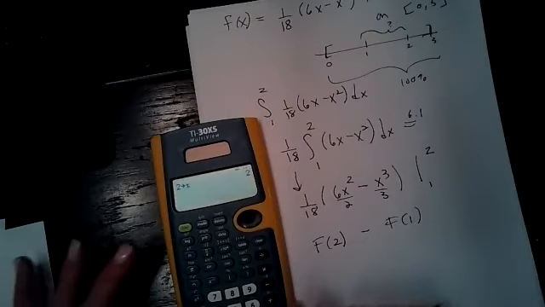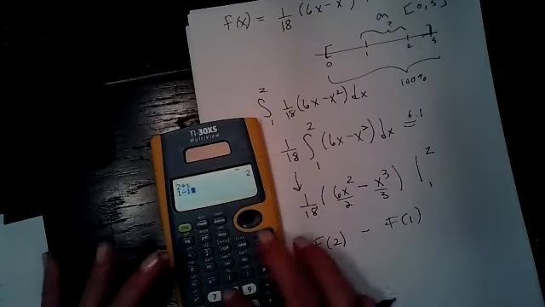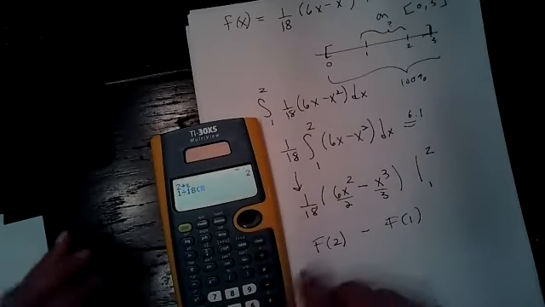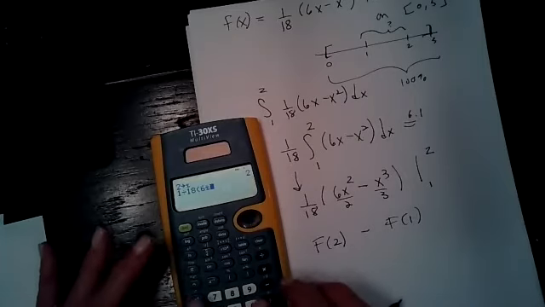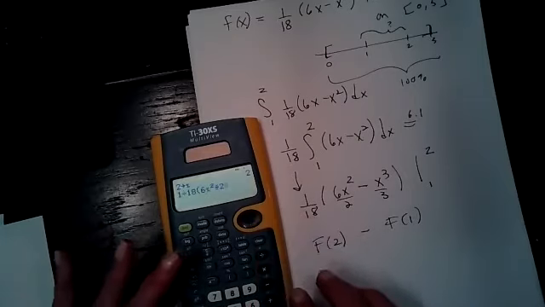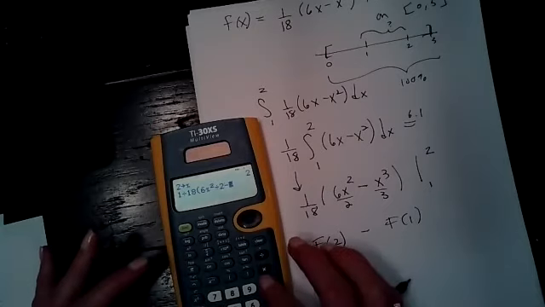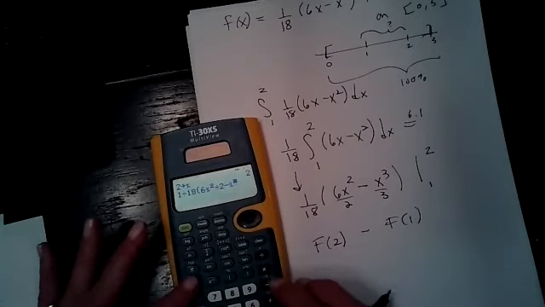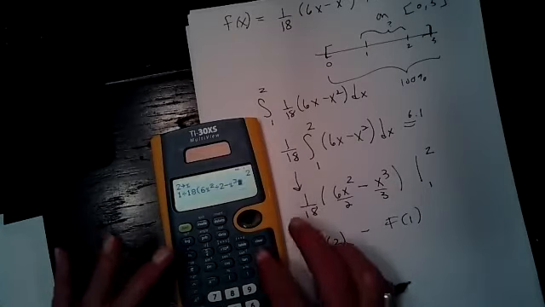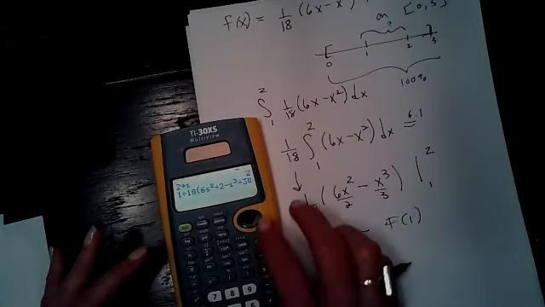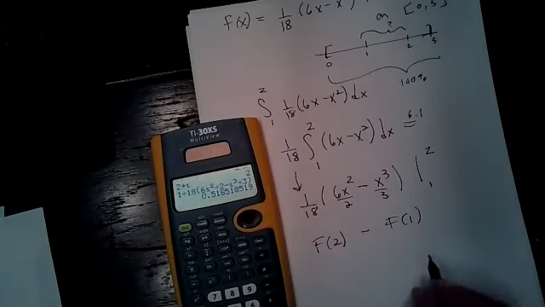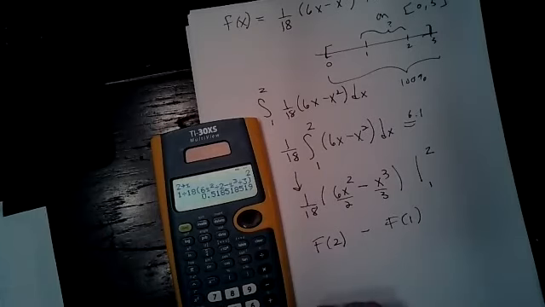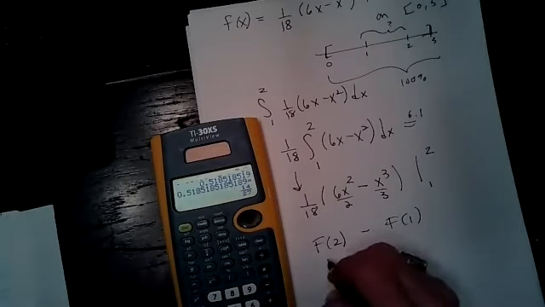Then I'm going to do 1 divided by 18, parenthesis, 6x squared over 2 minus x to the third divided by 3. And enter. And I get 14 over 27.